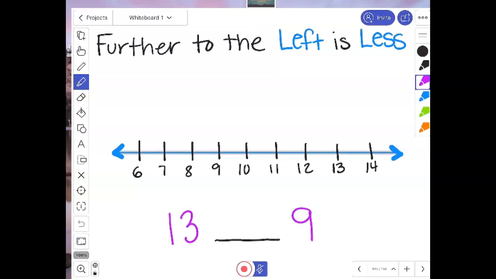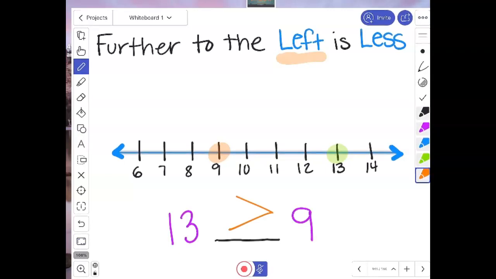So let's dive in. We're looking at this super basic number line, and you can see based on this number line that here's where 13 is, and here's where 9 is. So using the number line as a way to reason, we can say anything that's further to the left is less. So that means that 13 is greater than 9 because 9 is to the left of 13.